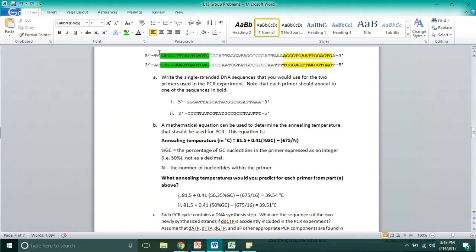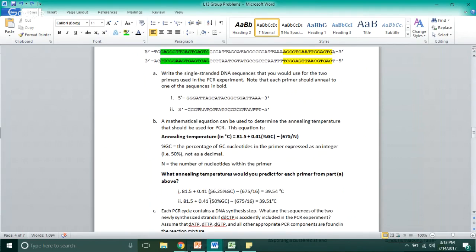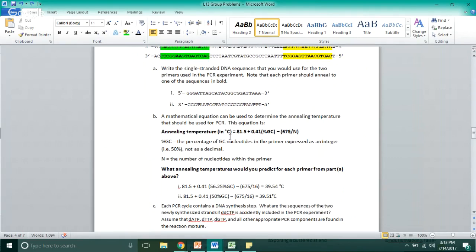Then you count all of the G and C nucleotides. So we have 1, 2, 3, 4, 5, 6, 7, 8, 9. This is the first primer right here. So I did 9 divided by 16, and that's how I got my 56.24% GC.